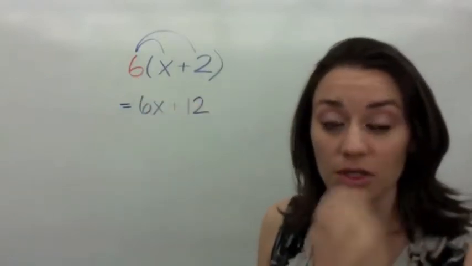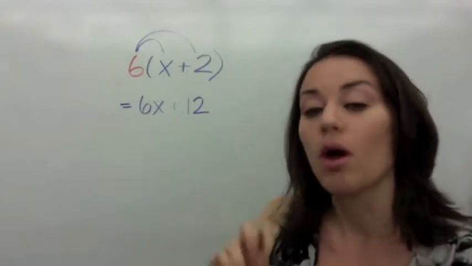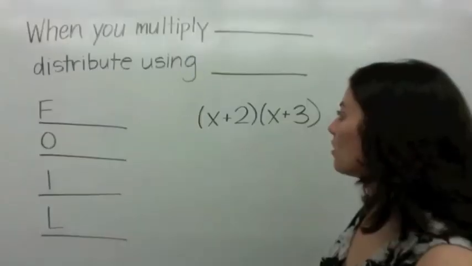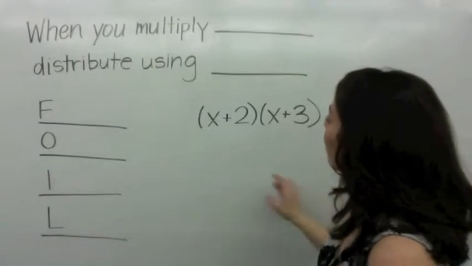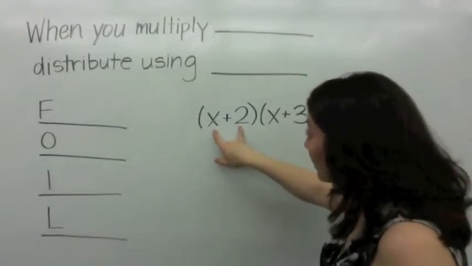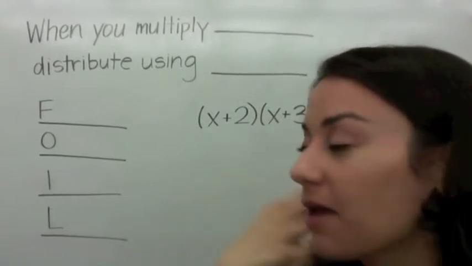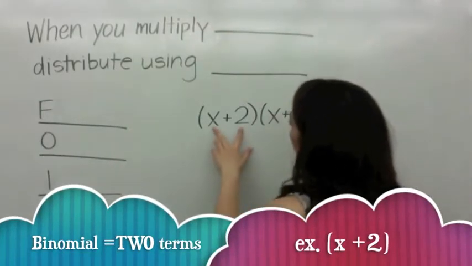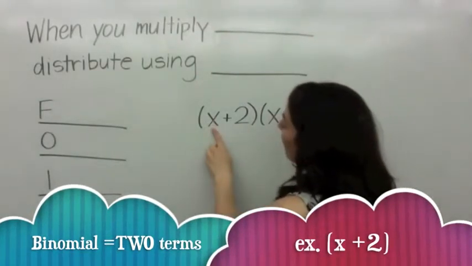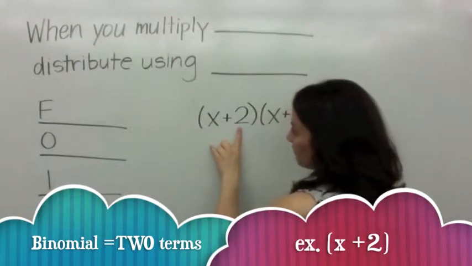Now let's look at what happens when you multiply 2 binomials together. So what happens when you have a binomial and you're multiplying it by another binomial? Okay? Binomial means 2 terms. So you're going to have an x and you'll have a coefficient.